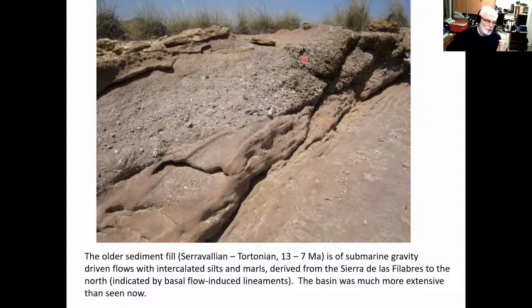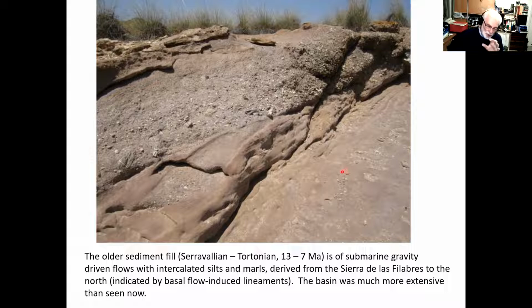And sometimes some of these beds entrain within them blocks of metamorphic rocks, which are the size of a car. All of this stuff being shed down off the basement material to the north. All of this part of the sequence is developed between 13 and 7 million years, which is the time when the peak of volcanic activity in the region was being felt.